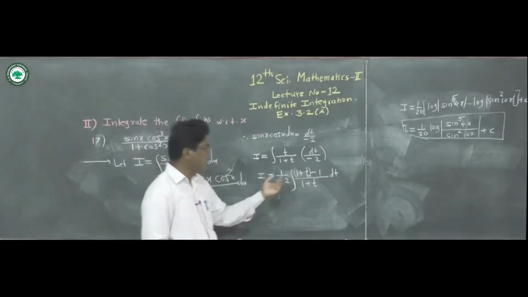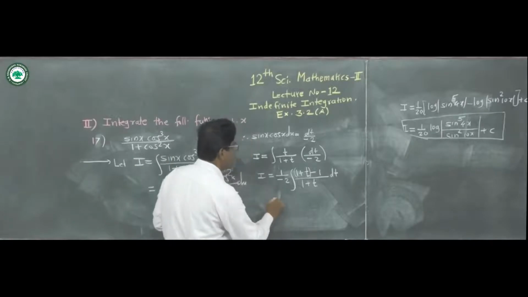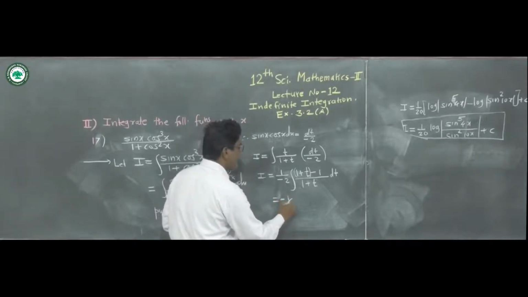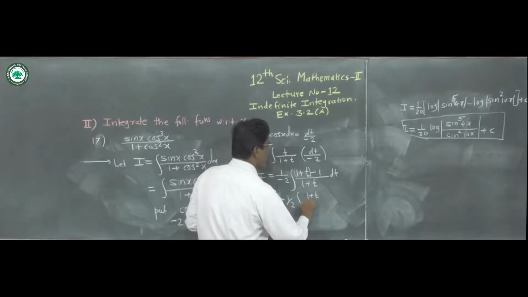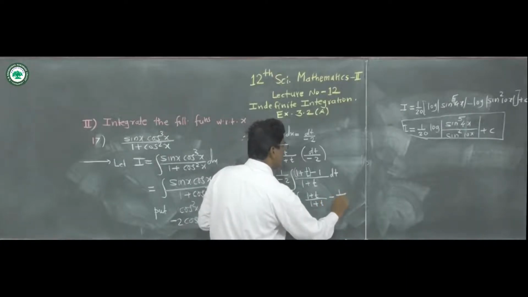Take the separate division, and therefore we get minus 1/2 into integration of 1 plus t upon 1 plus t minus 1 upon 1 plus t dt.